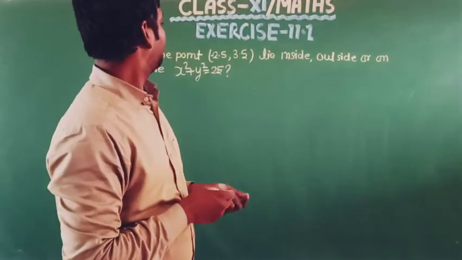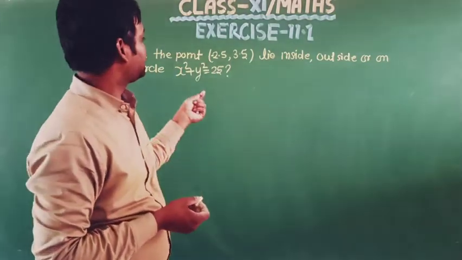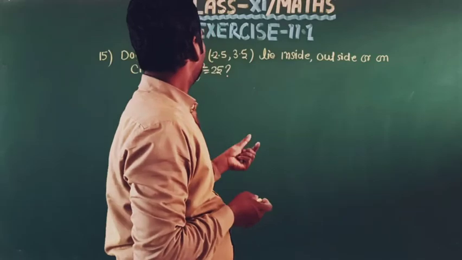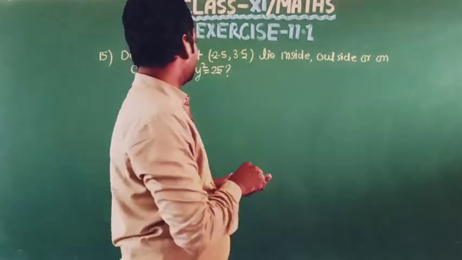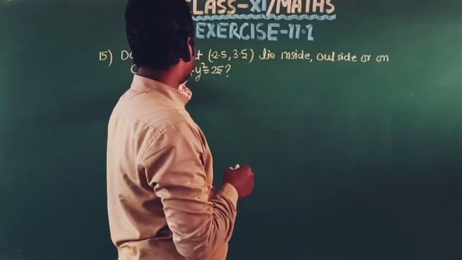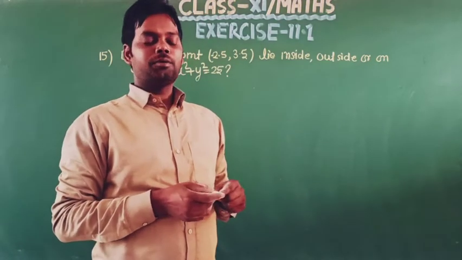So we have to check whether the given point lies inside, outside or on the circle. The equation of the circle is given, x square plus y square equal to 25.